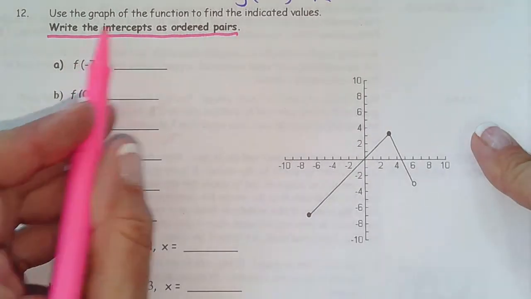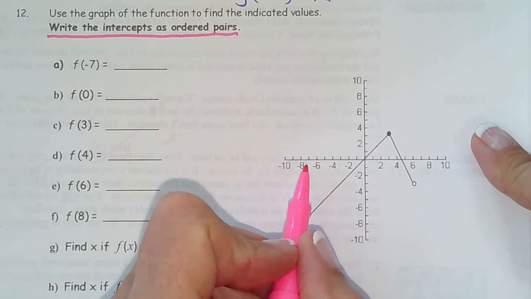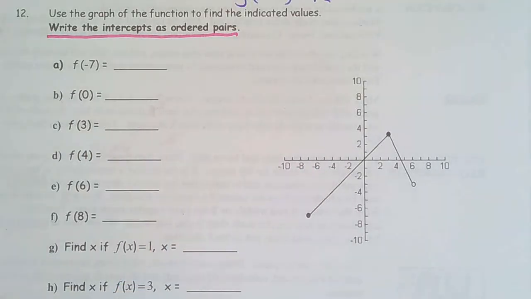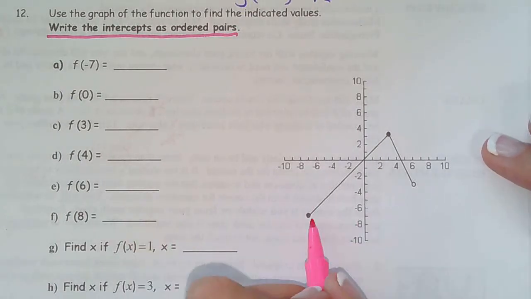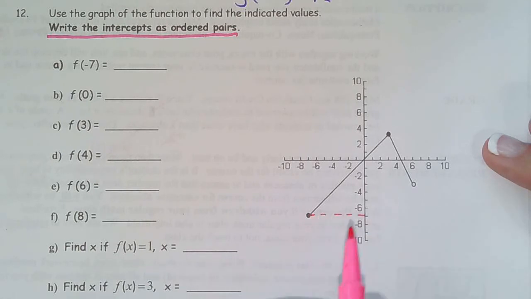So find the indicated function values. So remember whatever's in parentheses is X. When X is -7, what is Y? I put my printer on draft mode, and I wish I wouldn't have on this page.